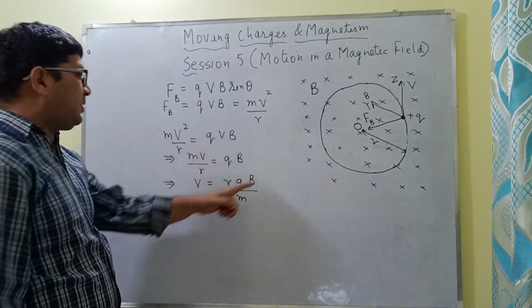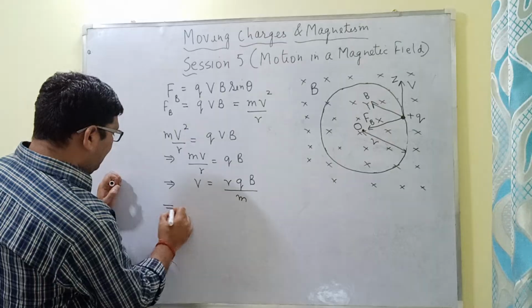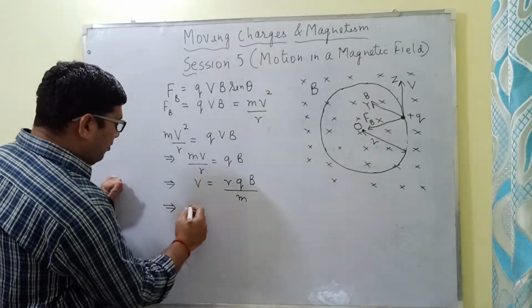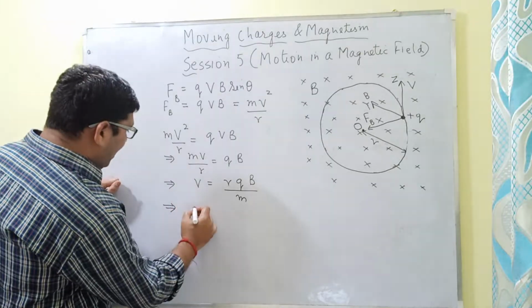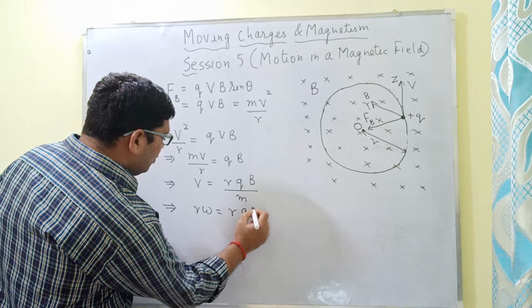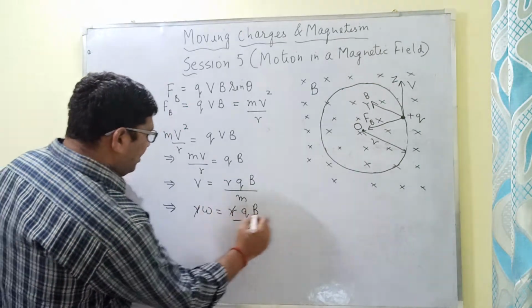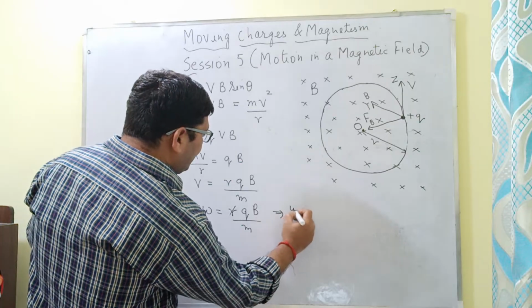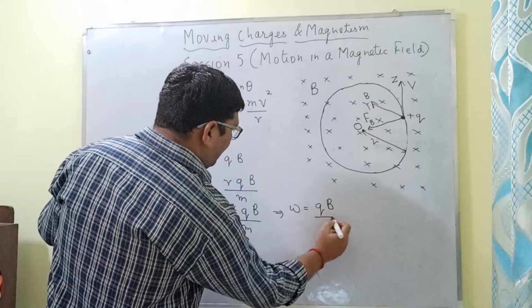So this r is the radius of the circular path, and from this formula we can also calculate the angular velocity. Now v is equal to r omega. So r omega is equal to r q b upon m. So from here it implies that the angular velocity omega will be equal to q b divided by m.